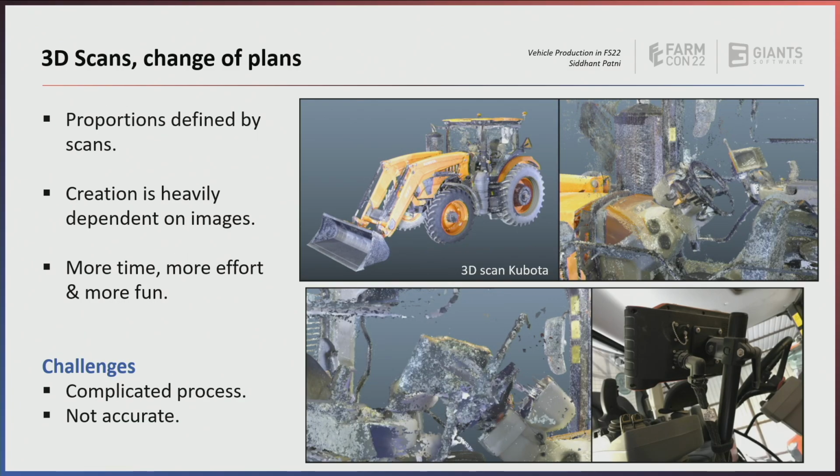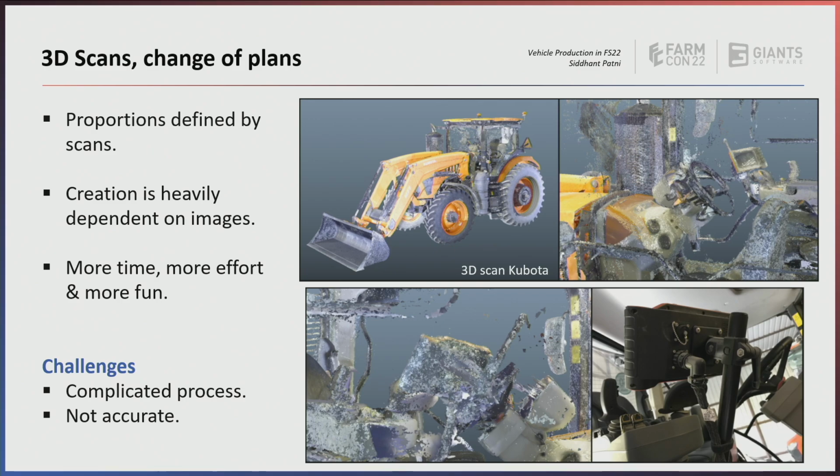The second set of references we get as a starting point are 3D scans of the real-life machine. At first, it looks awesome. Sometimes I even dream about putting it directly to the game. But the closer you look, the trickier it gets.